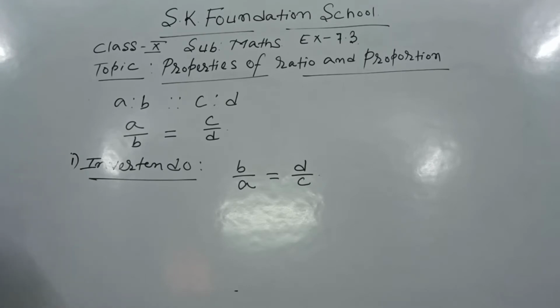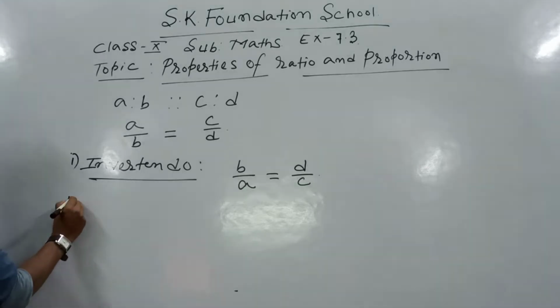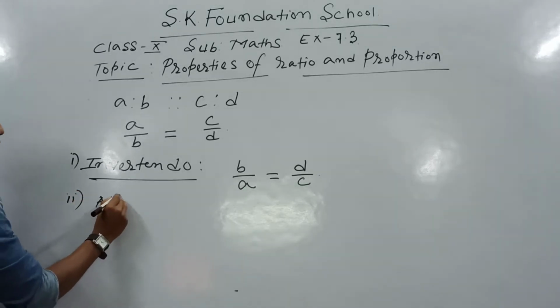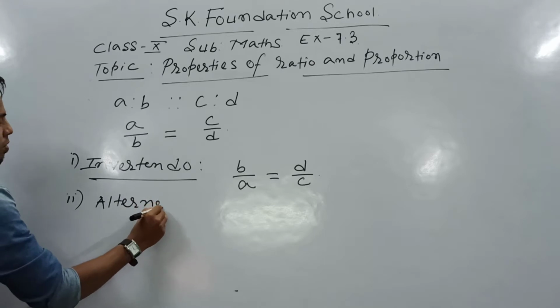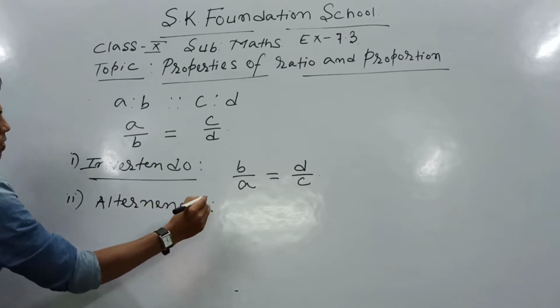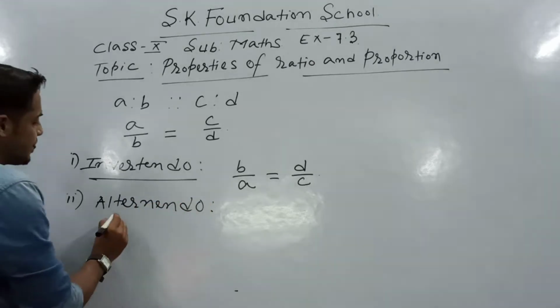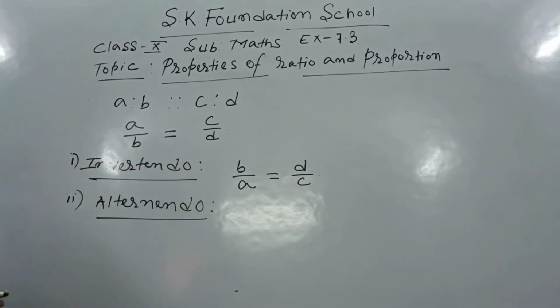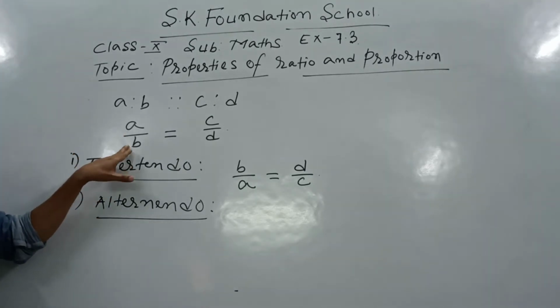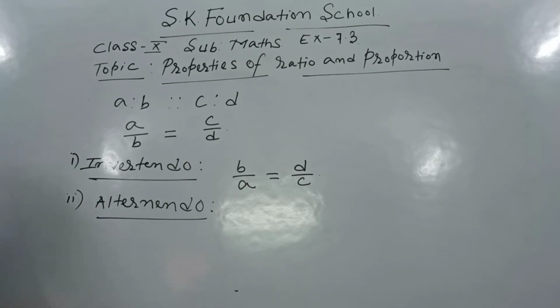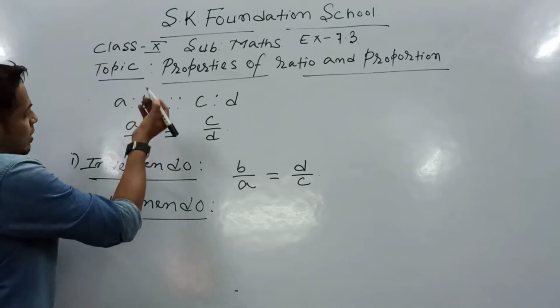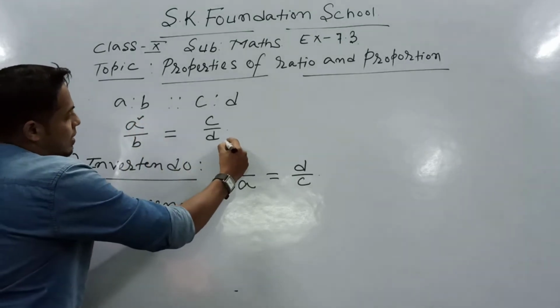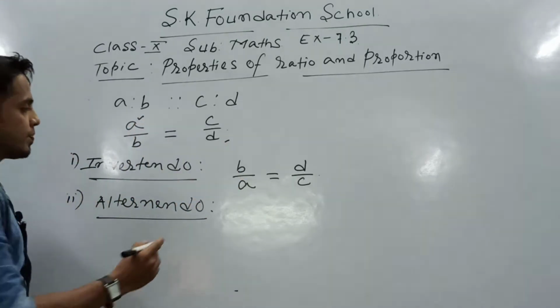Second one, alternate. Okay, alternate is another property. The actual expression is A by B equals C by D. If we apply the property alternate, the numerator A and the denominator D are fixed.